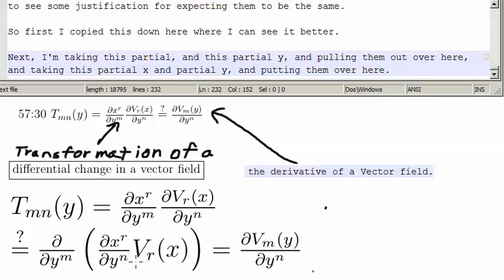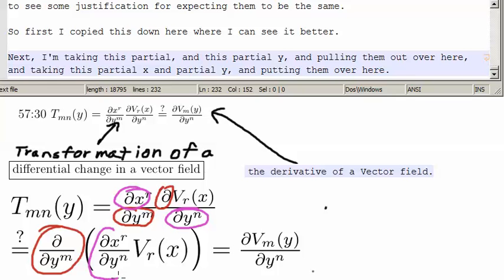Next, I'm taking this partial x and this partial y, putting them over here, and taking this partial x, partial y, and putting it right here. And finally, of course, the v sub r goes right there.